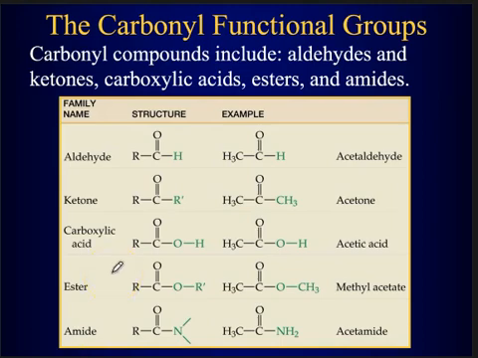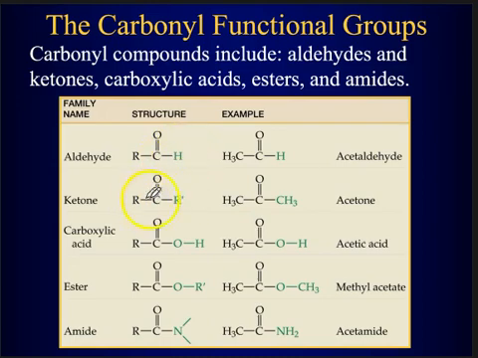So here are all of the functional groups with this carbonyl carbon. We're just going to talk about aldehydes and ketones in this chapter, and in our next chapter we'll talk about carboxylic acids, esters, and amides. But notice that they all have this carbonyl compound, and then what's attached to it is what is different. So an aldehyde has a hydrogen attached, so it means it's always at the end of a chain.